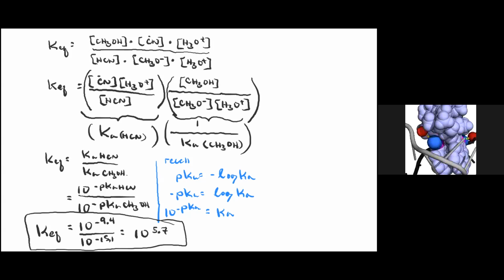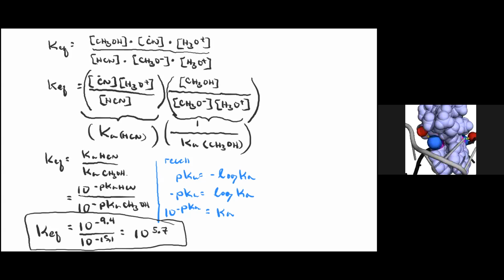And that's consistent with the qualitative descriptions that we gave. So we said that the equilibrium favors loss of a proton from the stronger acid. The stronger acids have a lower pKa value. And so the HCN has a lower pKa than methanol.